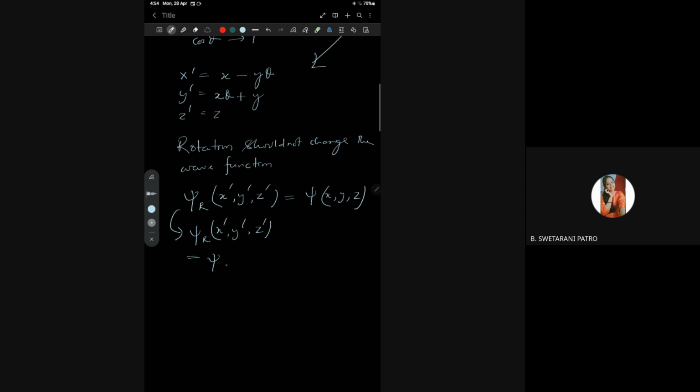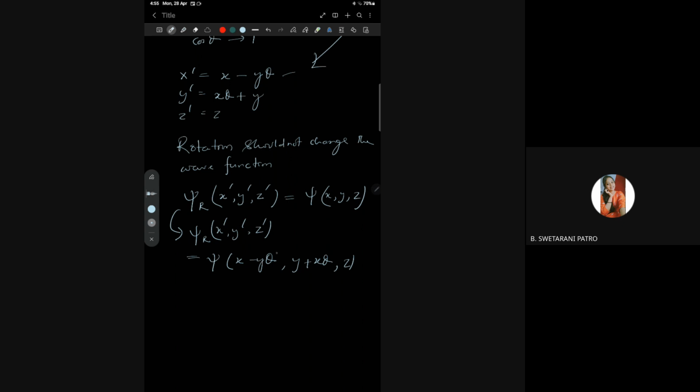Instead of x prime, where x will go, we write x minus y theta here. Similarly, instead of y, we write y plus x theta. And for z prime, z. Right? Now this is what I'm writing in terms of x, y, z.